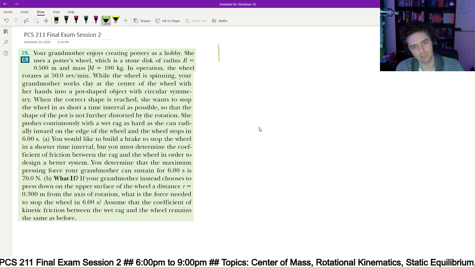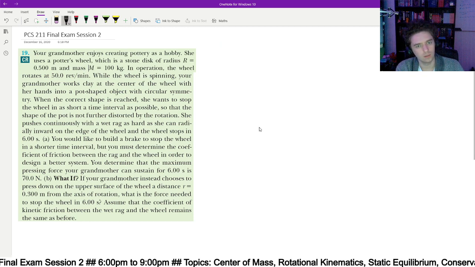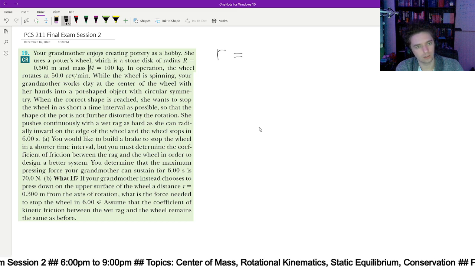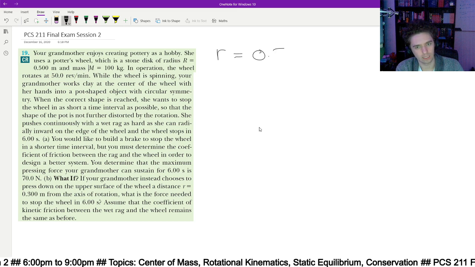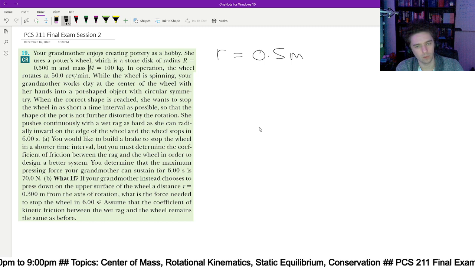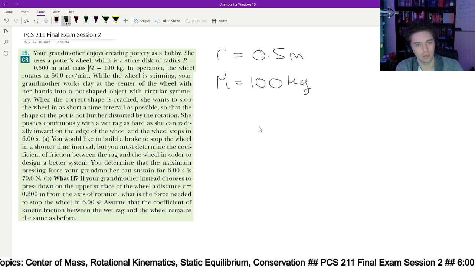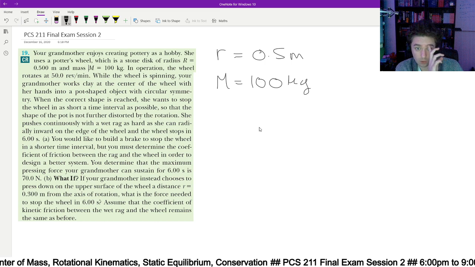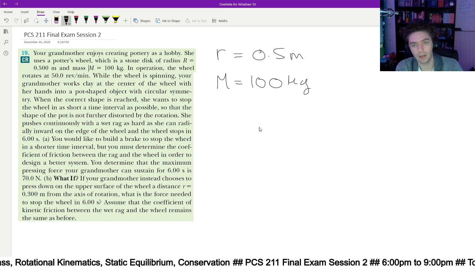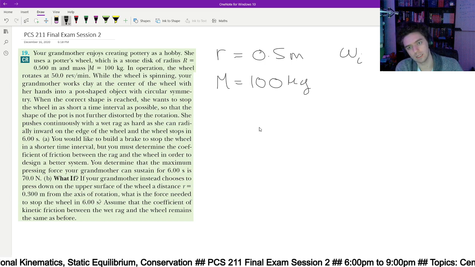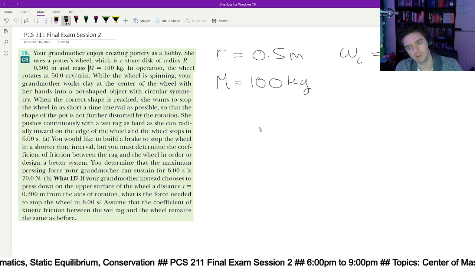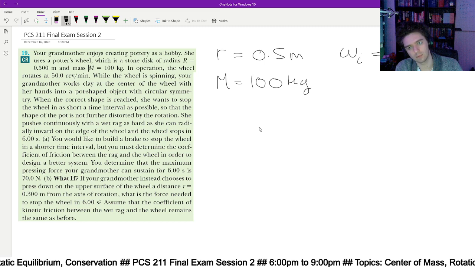We know the radius of the wheel, which is very useful to know because that was the problem with the last one. So 0.5 meters. We know the mass of the wheel, which is 100 kilograms. And we know that the initial speed is 50 revolutions per minute.